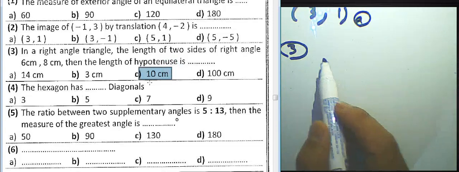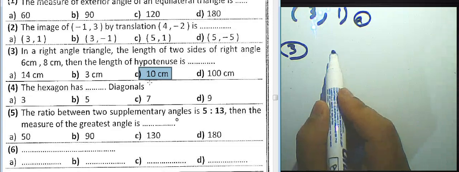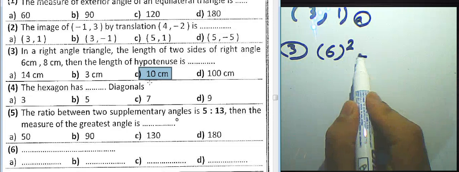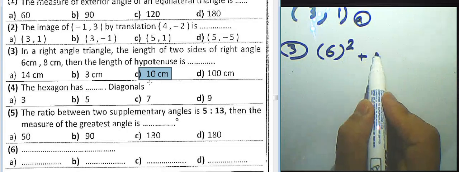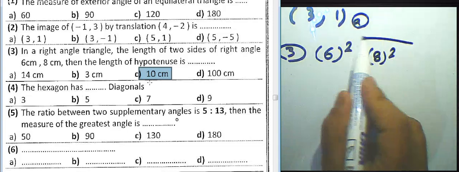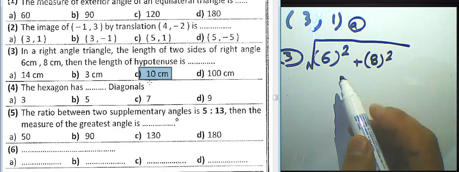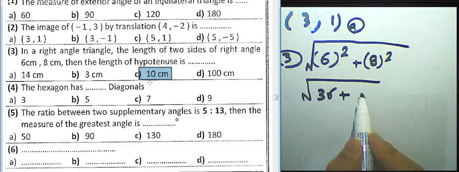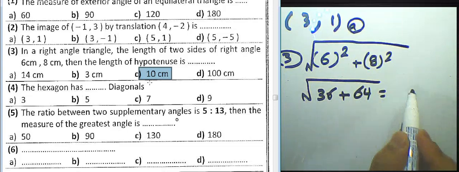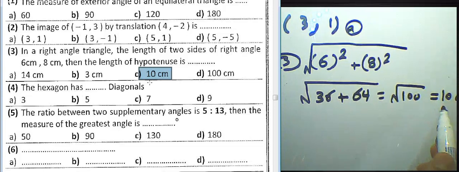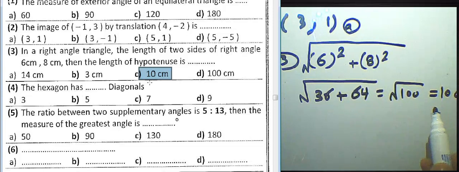To find the hypotenuse, we add the first length power 2 plus the second length power 2, and then find the square root of the result. 36 plus 64 will be 100. The square root of 100 will be 10 centimeters.